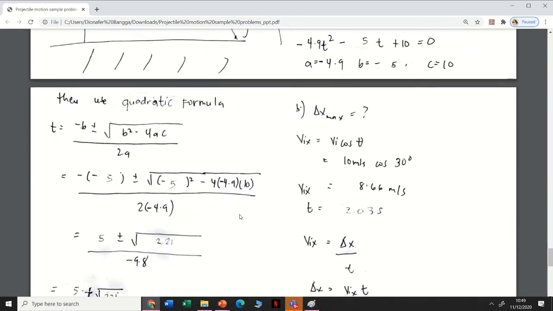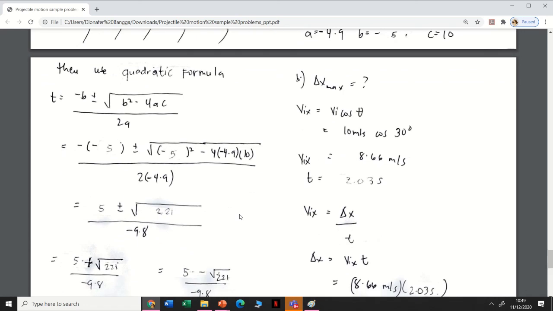Now, finally, how do we solve for the delta x max, or its range in terms of the horizontal dimension? You cannot use the special formula for this because this is not a case 2 kind of problem. So you would only be relying on the horizontal dimension. It's a bit easier because on the horizontal dimension, you only have one equation to be used, and that is Vi equals delta x over time.